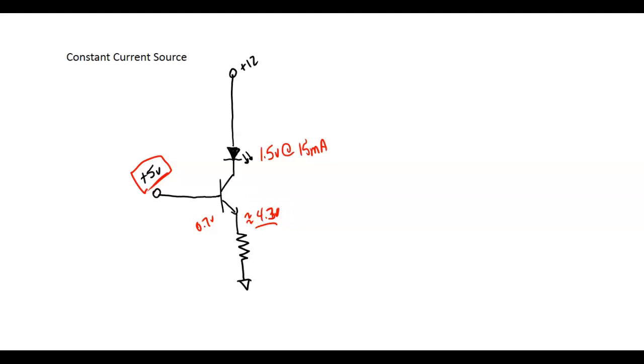I want 15 milliamps, which is what's required by the LED. So everybody understand that? What we did is we're calculating this series loop right here. So what size resistor would that be?